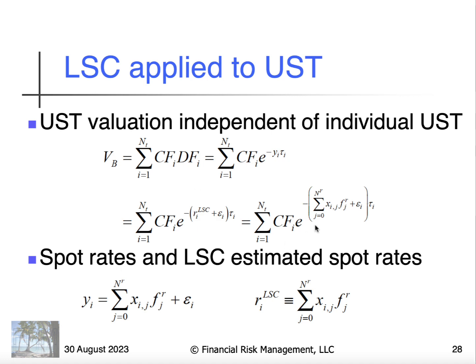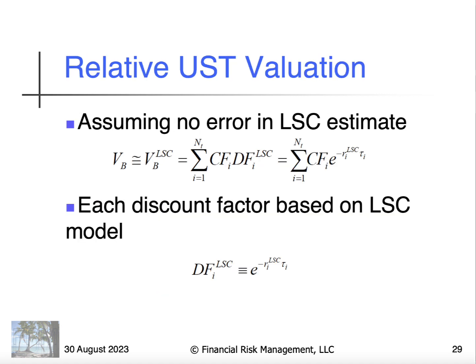This LSC model is going to be fit using however many factors I want to use to fit the curve. And so the spot rates and LSC estimated spot rates can help improve U.S. Treasury bond valuation.